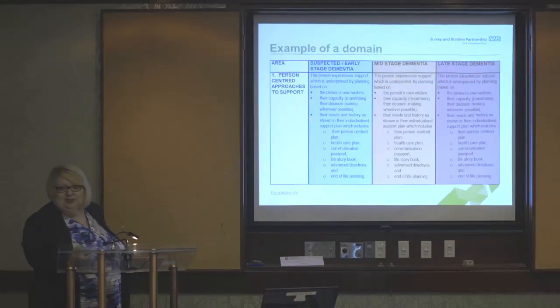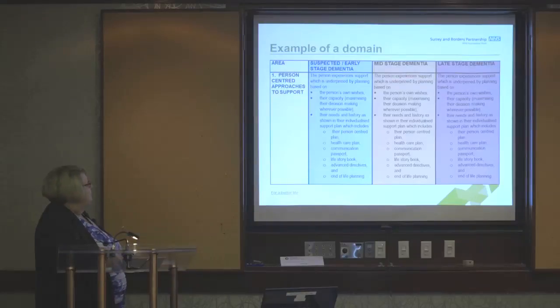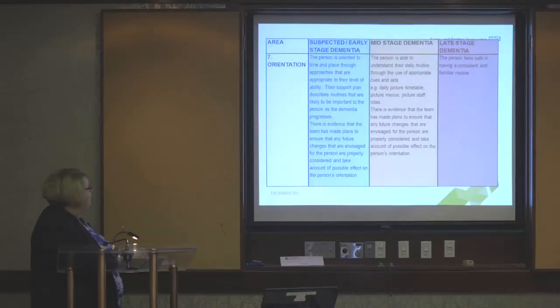We still want the person experiencing support underpinned by planning, which is based on their own wishes, their capacity, their needs and their history, and which includes all the things we've talked about: good plans, good healthcare plans, communication passports, life story work, etc. So it doesn't matter which stage of dementia you're in, we expect that to be in place regardless.